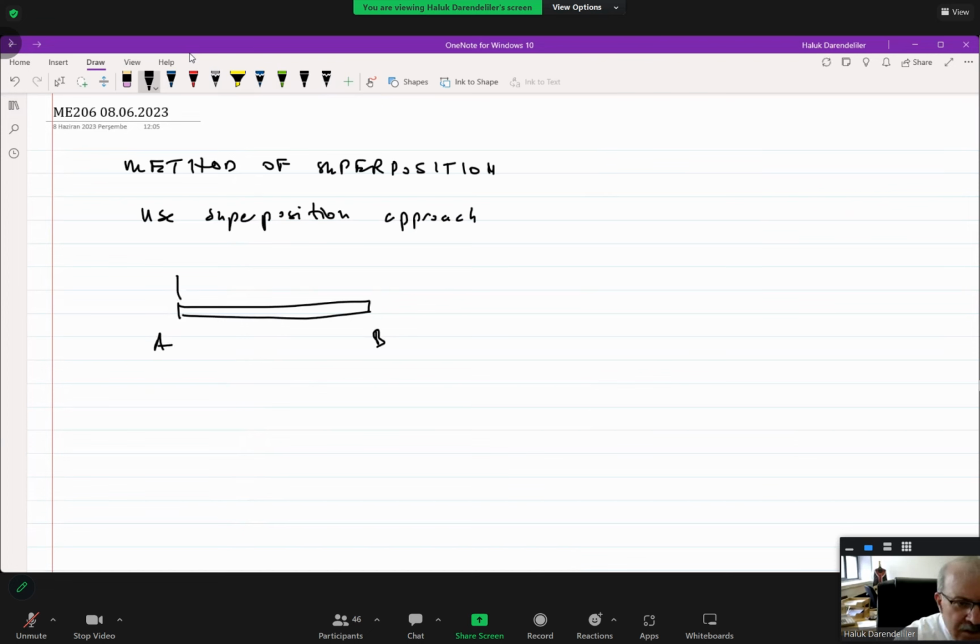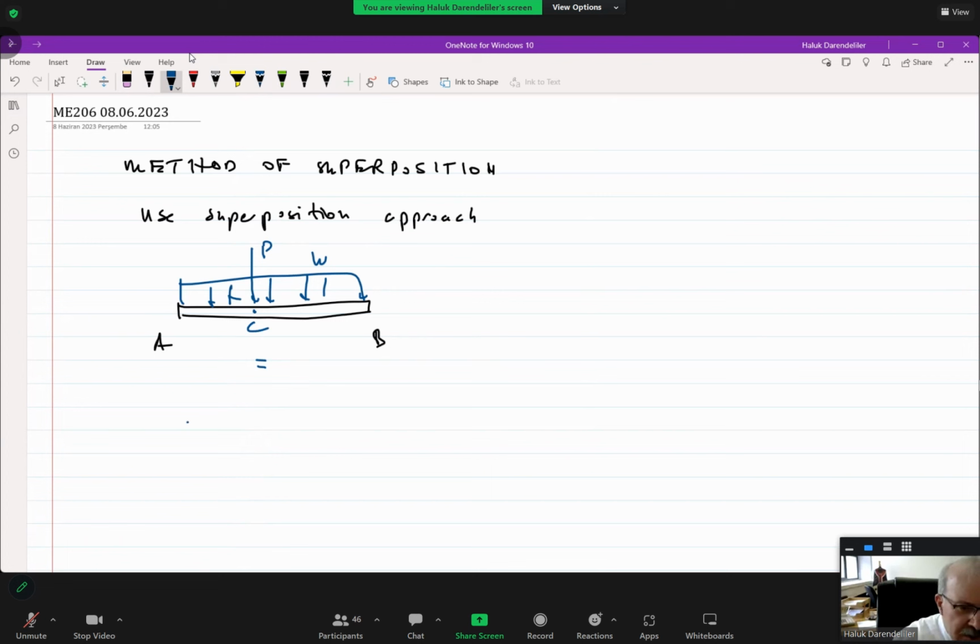One is this, a distributed loading, and also a force P and W. Now we are saying that this is equal. Say we are finding a deflection at point C here.